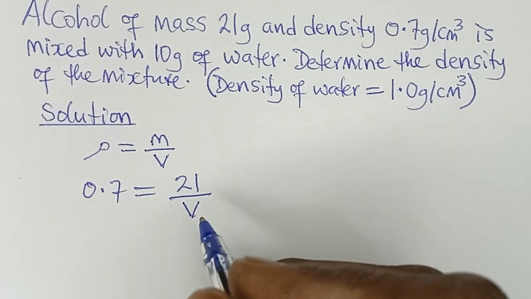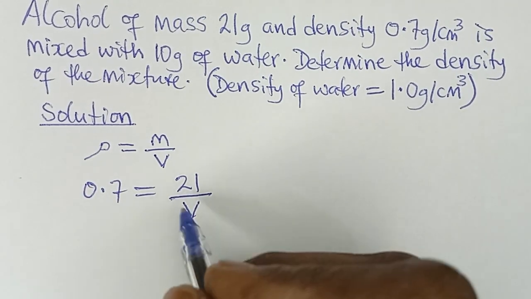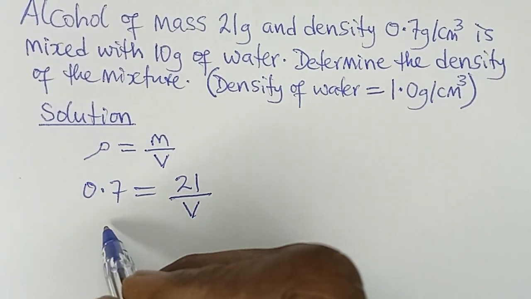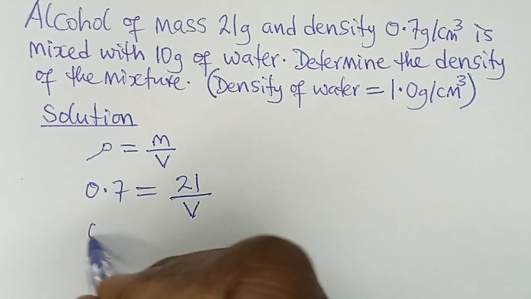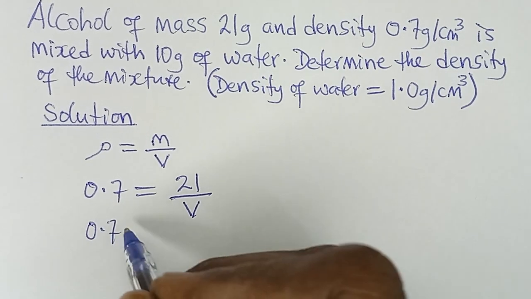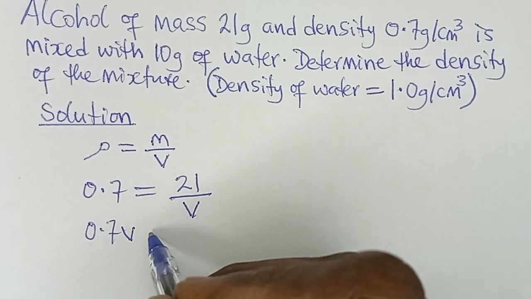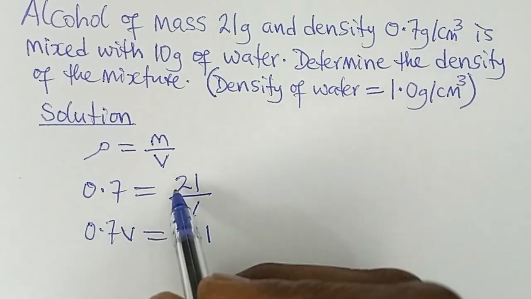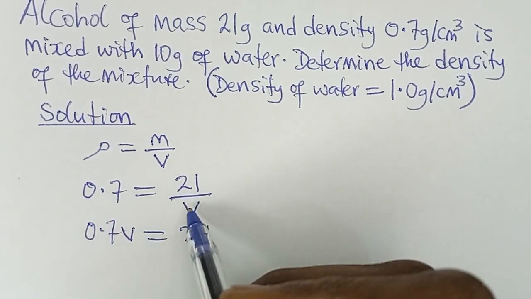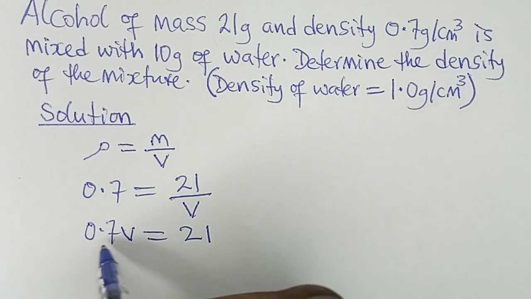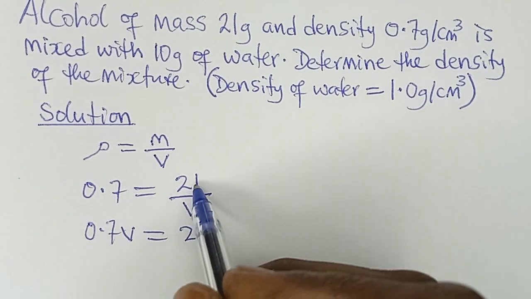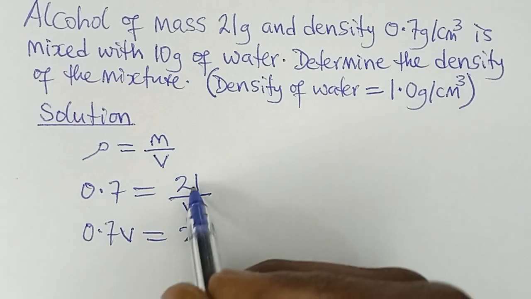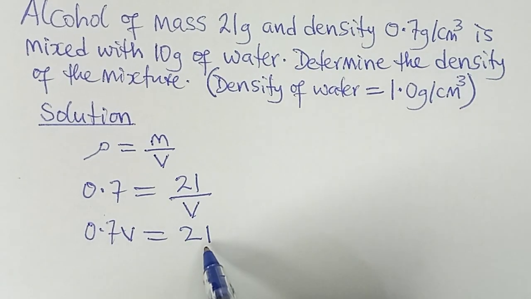And then if we cross multiply and make V the subject of the formula, we get 0.7 V is equal to 21. This is like 0.7 over 1, so 0.7 multiplies V, it gives us 0.7 V. And 21 multiplies over 1 here, 21 multiply 1 will give us 21.